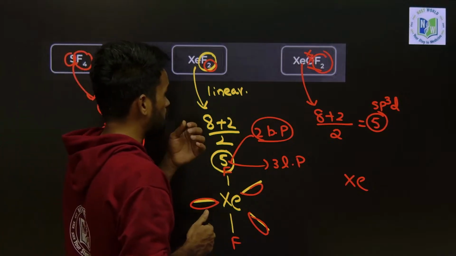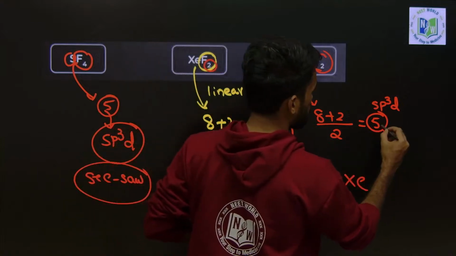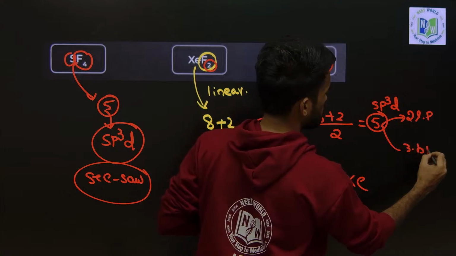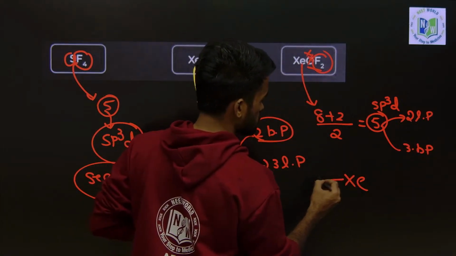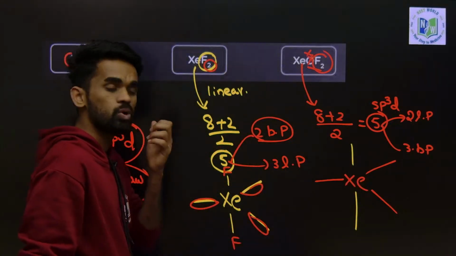Out of these 5 hybrid orbitals, 2 are lone pairs and 3 are bond pairs, that's it. So we have 3 equatorial positions and 2 axial positions.